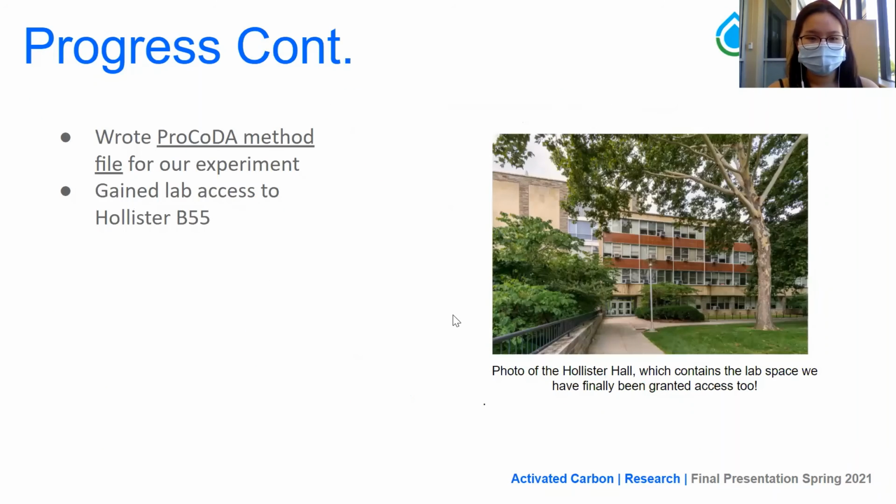We also wrote our ProCoDA method file for when our experiment is due to begin. And although we did gain lab access in Hollister B55 towards the end of the semester, many materials were missing, and as a result, we were unable to actually start our experiment. We were, however, able to familiarize ourselves with parts of the lab and with the equipment that was there at the time.